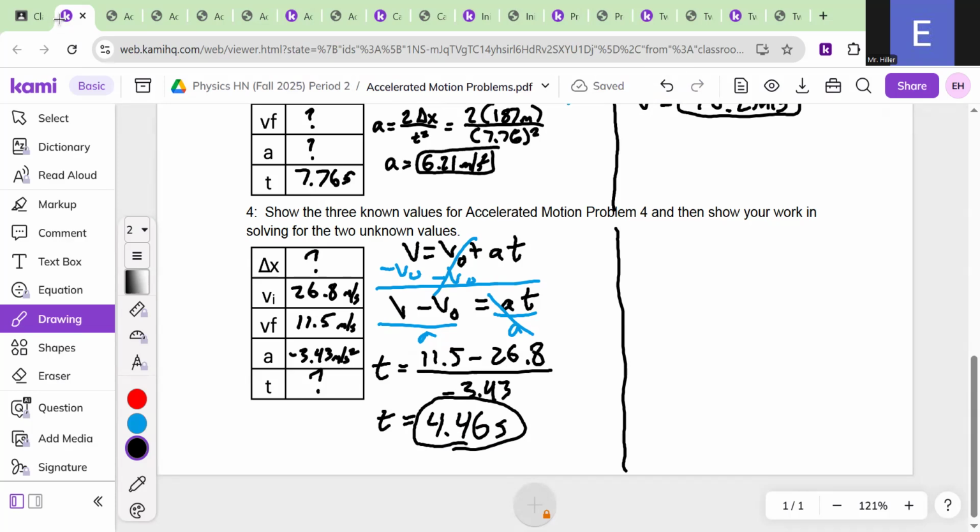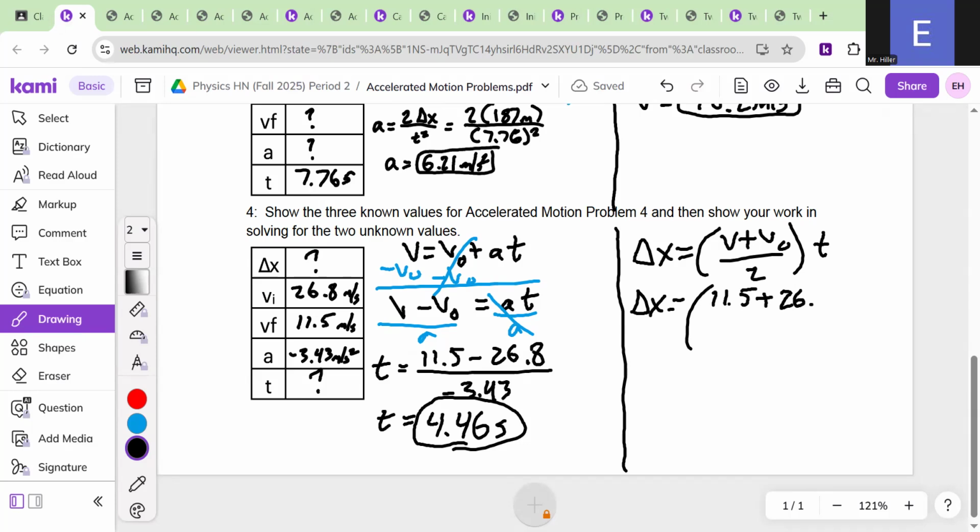Well, now when you find that, go ahead and choose an equation to help you find displacement. I really like equation number 11. It works pretty quickly, so I'm going to use that. V plus V naught over 2 times T. Plugging in, we have our final velocity, 11.5, plus our initial velocity, 26.8, divided by 2 times whatever your time was.